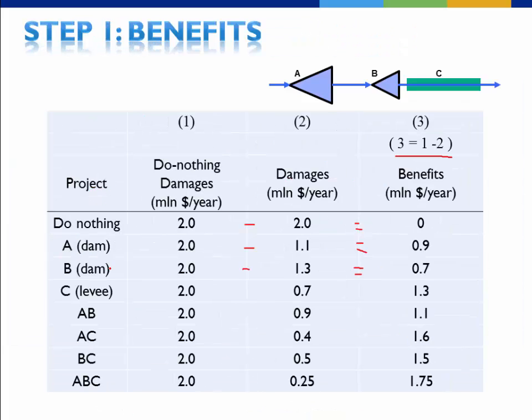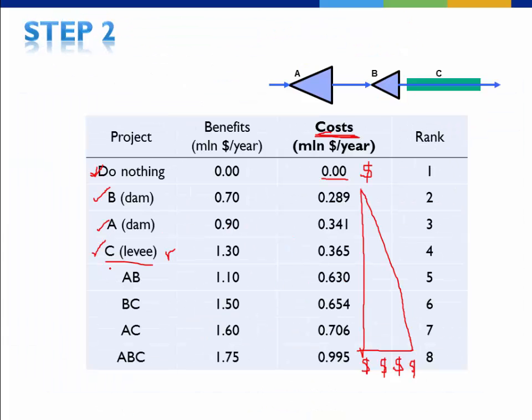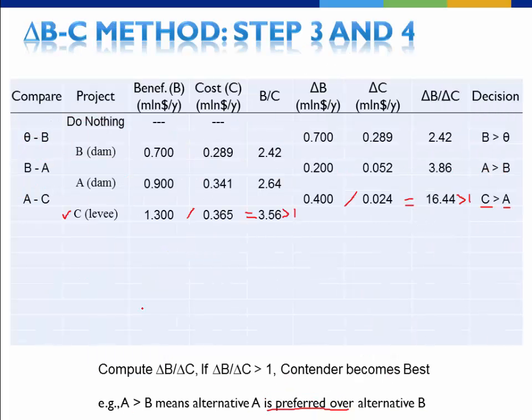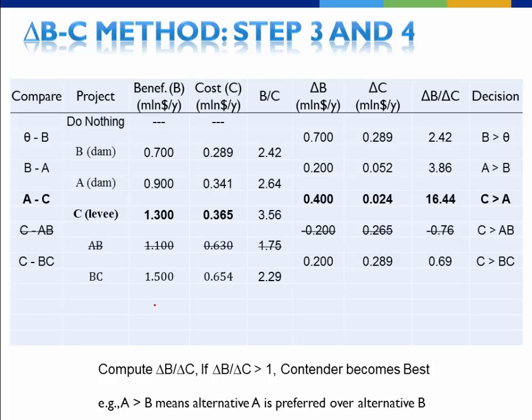Now the next one. We evaluate AB, still C is preferred, and this is a check mark, but I'm very bad at drawing on this. So now we need to compare C against BC. Again, this is the benefits, this is the cost.